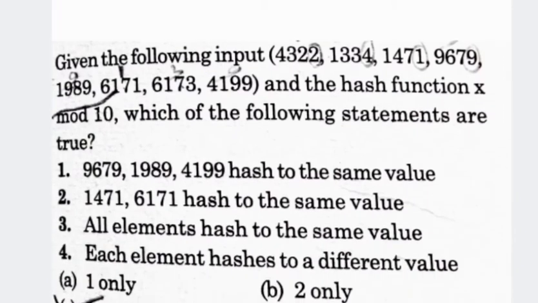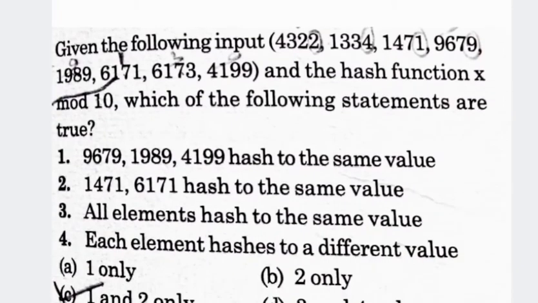Now come to the next question. Given the following numbers, here the numbers are 4322, 1334, 1471, 9679, 1989, 6171, 6173 and 4199, and the hash function x mod 10.